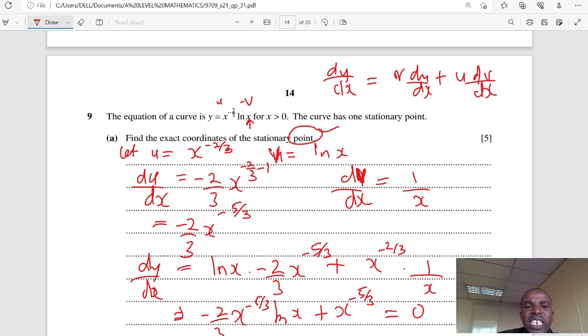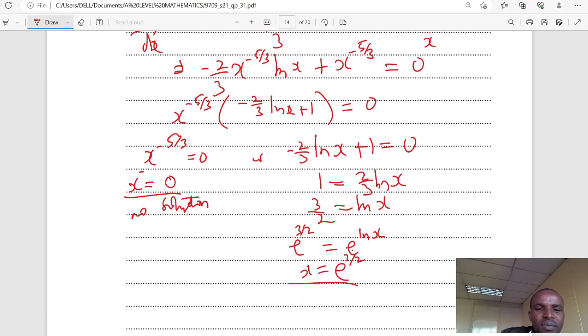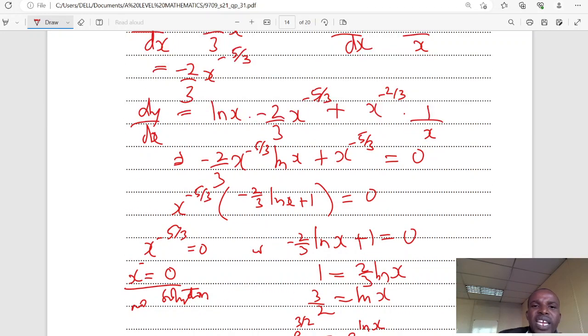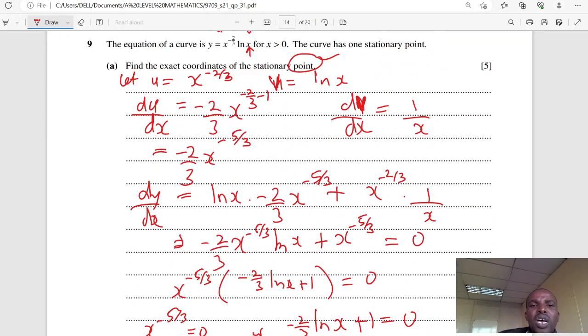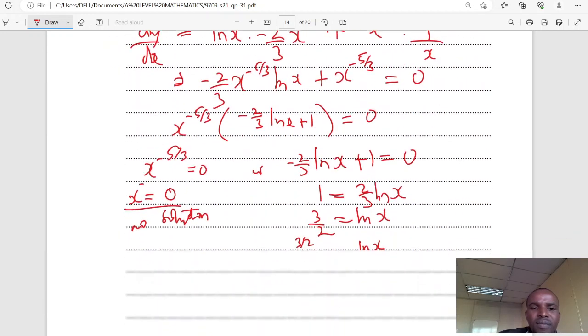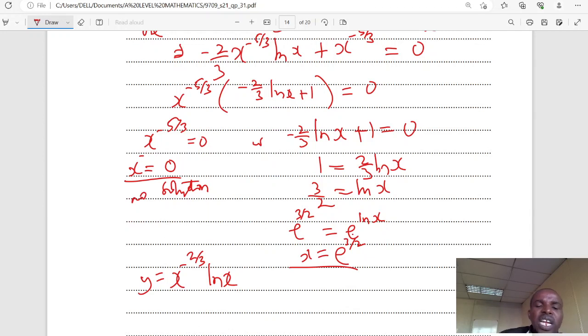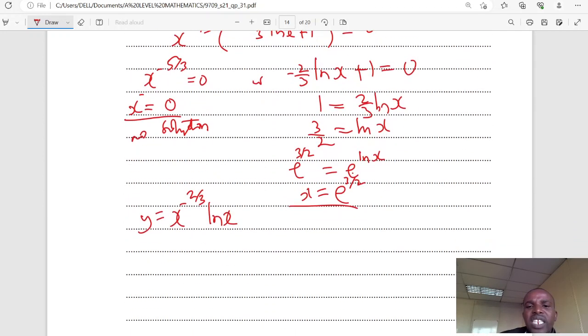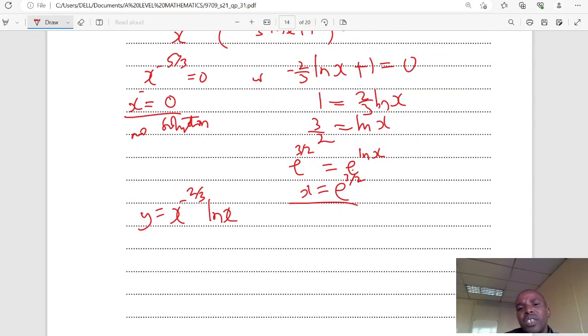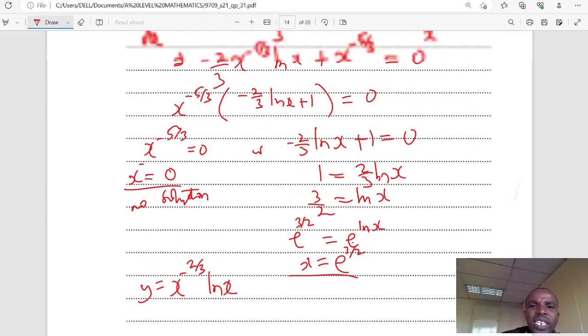So you can say x is equal to that one, then y is equal to x to the power negative 2 over 3 ln x. So if x is called this one, then what is y in this case?